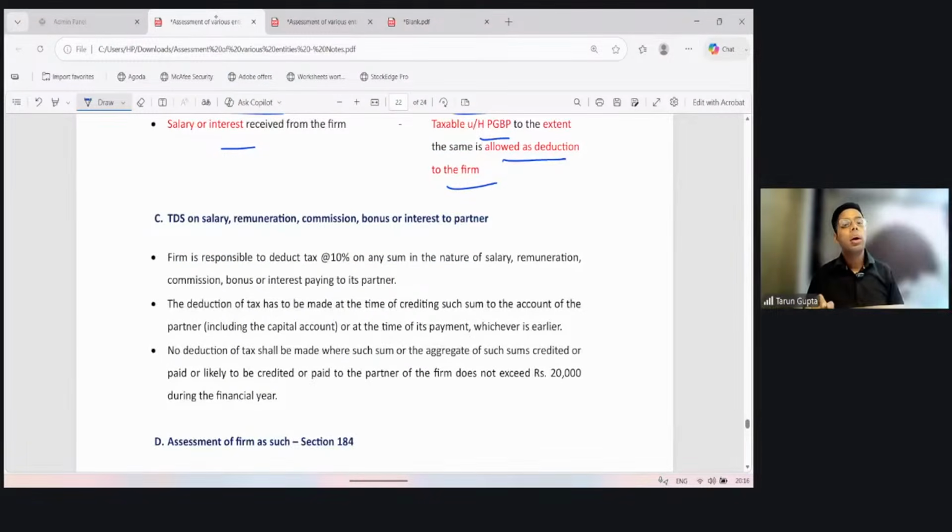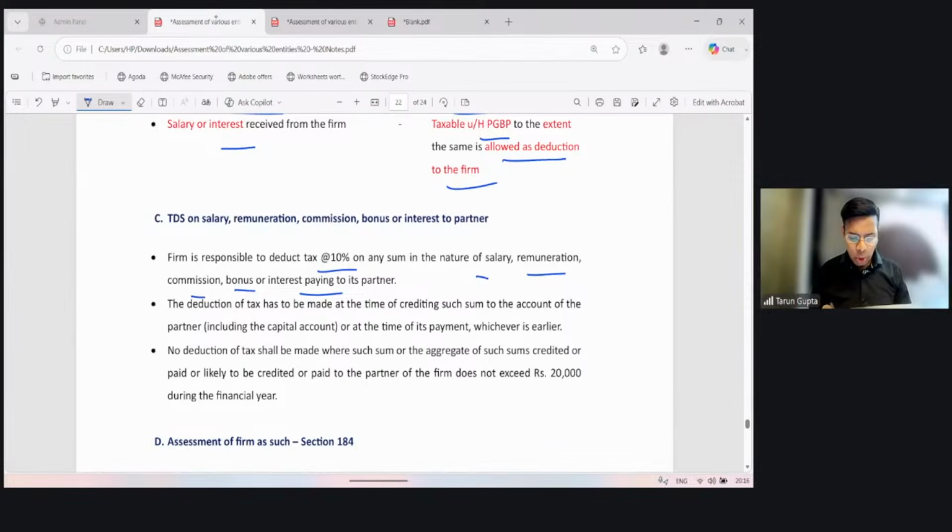Now, recently, TDS has also been made applicable on the firm in respect of any payment made by it to its partner. The TDS rate is 10%. It's applicable on an amount exceeding 20,000 at the time of payment or credit, whichever is earlier. So section 194T says the firm is responsible to deduct tax at 10% on any sum in the nature of salary, remuneration, commission, bonus, or interest paid to its partner.